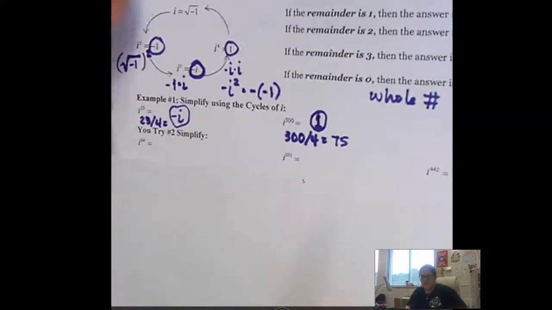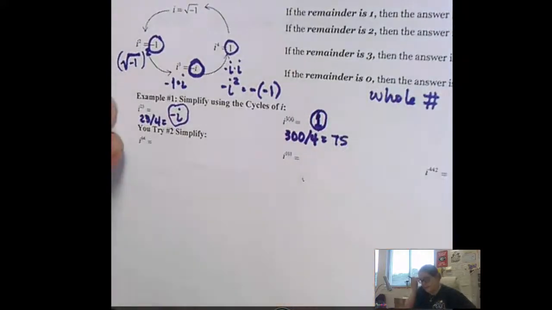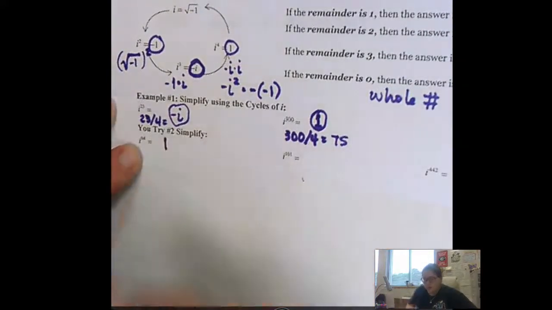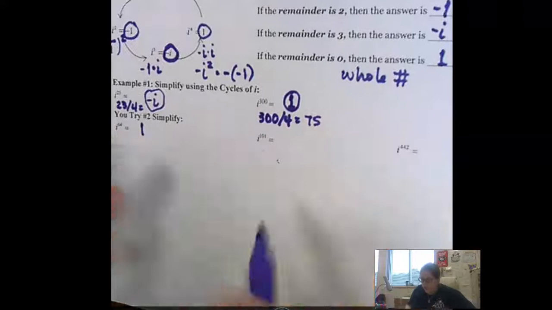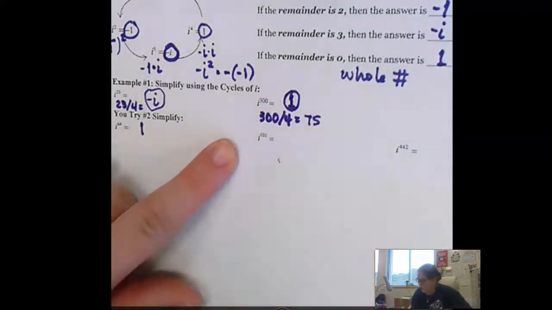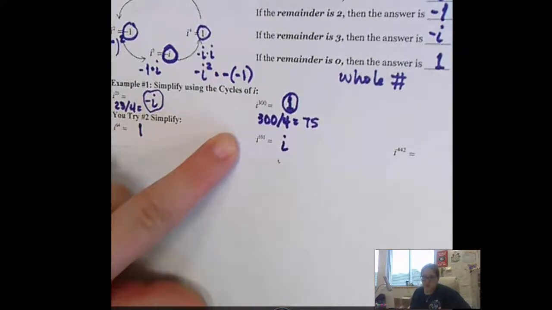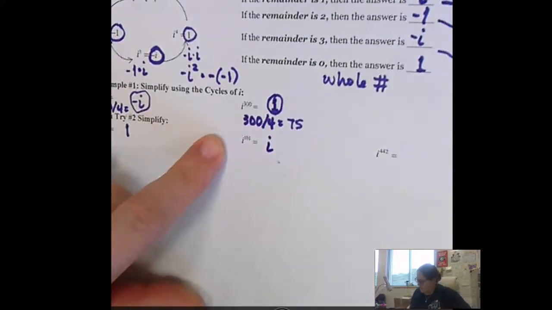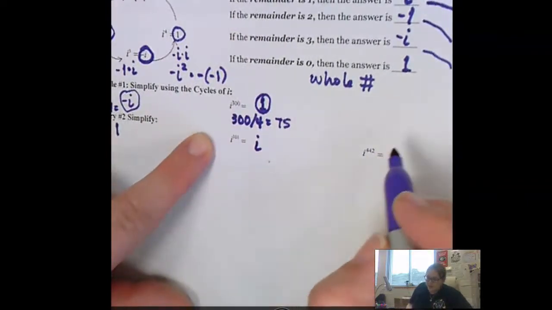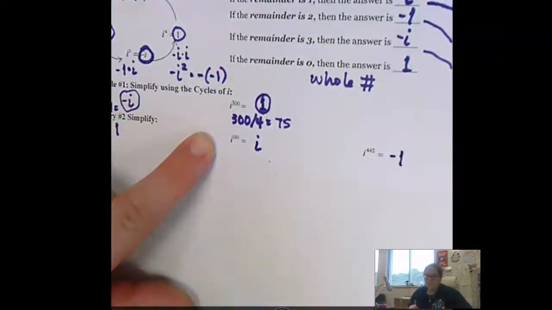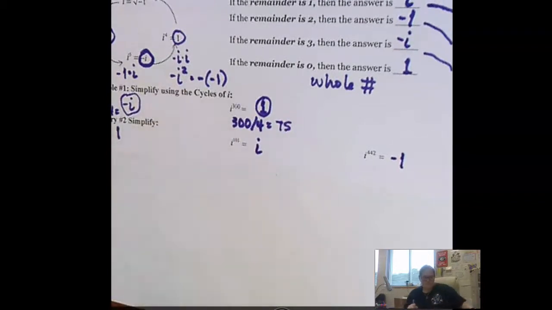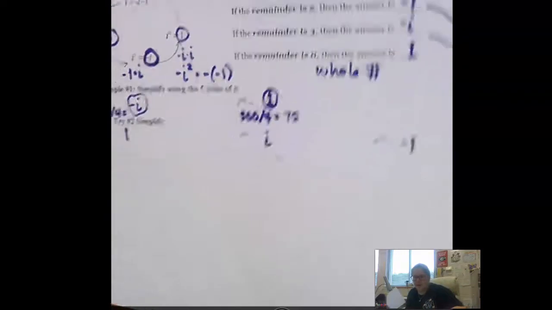Okay, so those are going to work out. i to the 64th is +1. i to the 101 power is i, just one i, and then i to the 442 ends in 0.5, so it's -1. All right, so there are our powers of i, raising i to various powers.